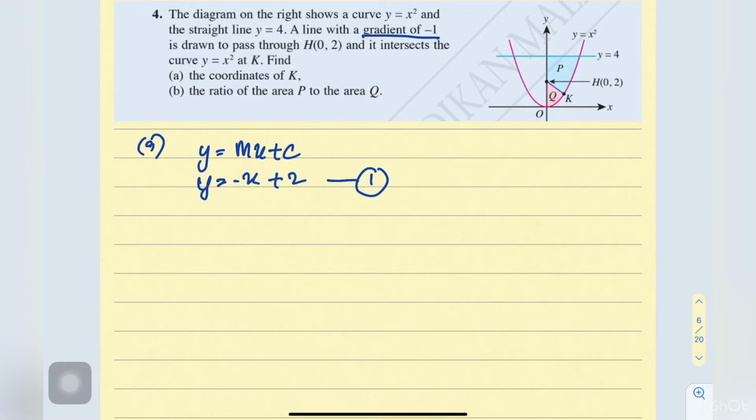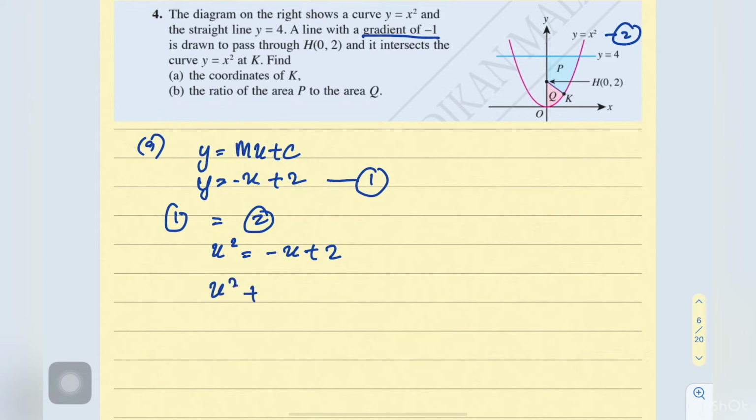So now we are going to find the coordinates of K. So solve simultaneously with the equation of the curve y equals x squared. So you put 1 into 2. So x squared equals negative x plus 2.